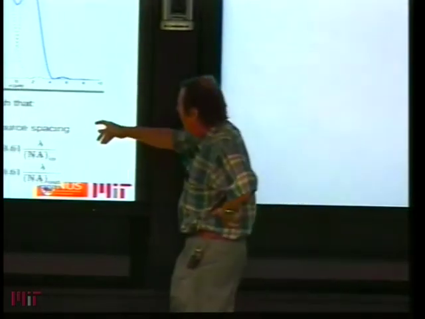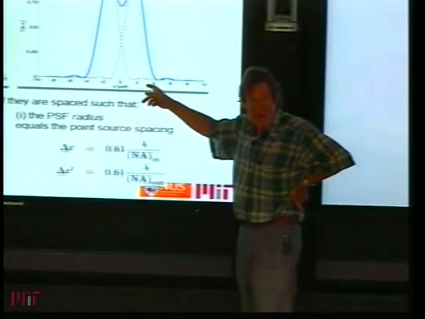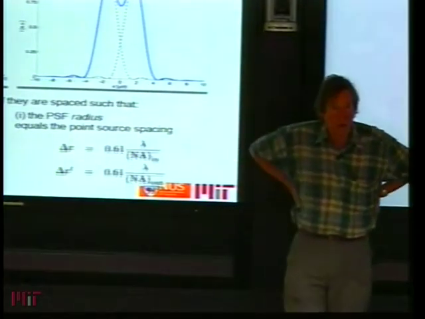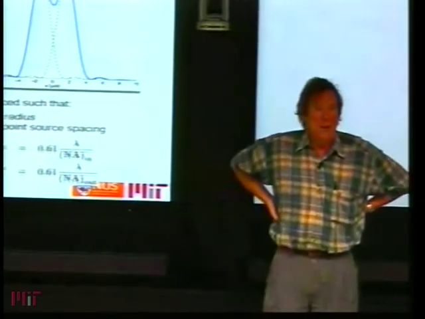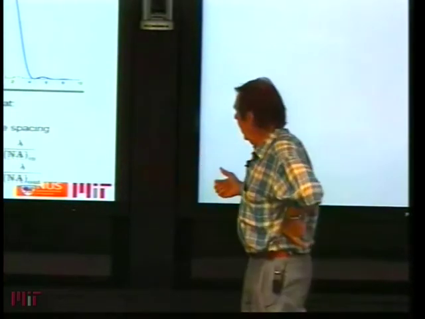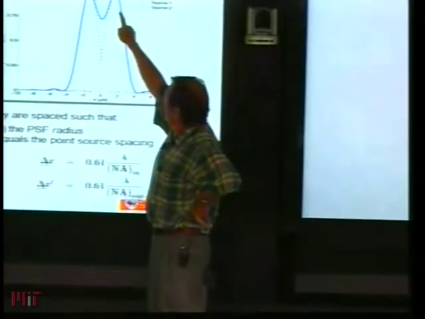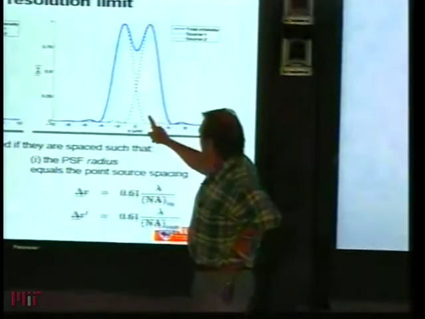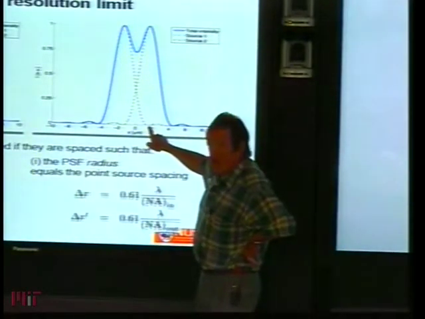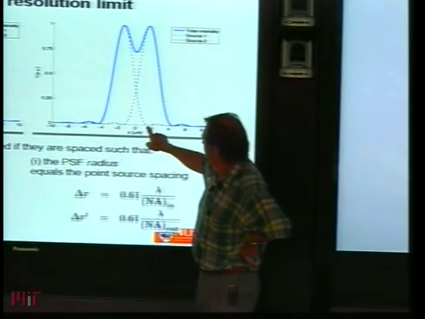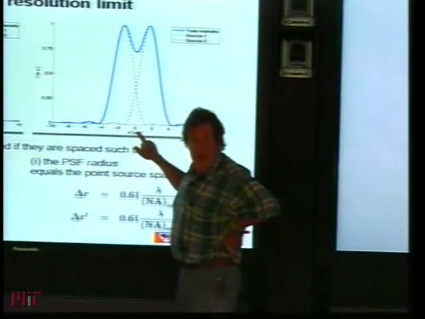In this one here, this is what is normally taken as the Rayleigh resolution limit. I don't know about this other one. I don't know where George has got this from, but he talks about these two different limits in these notes. In this one, you'll see that this peak is placed exactly over the first zero of the other image.